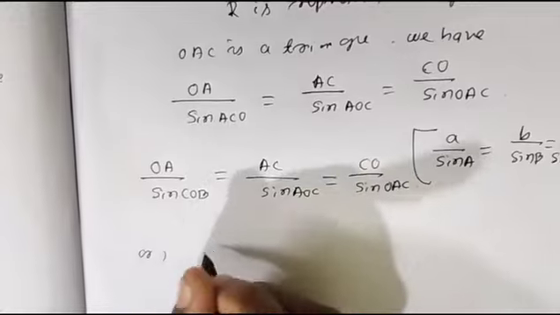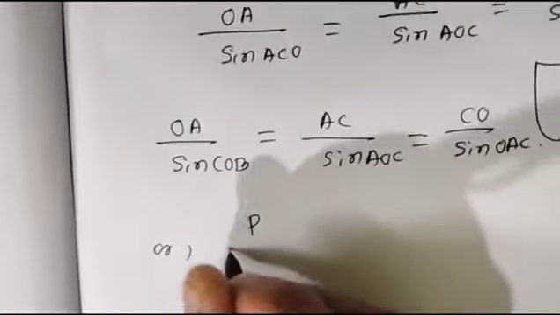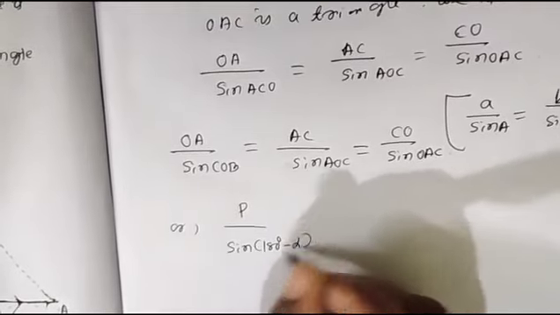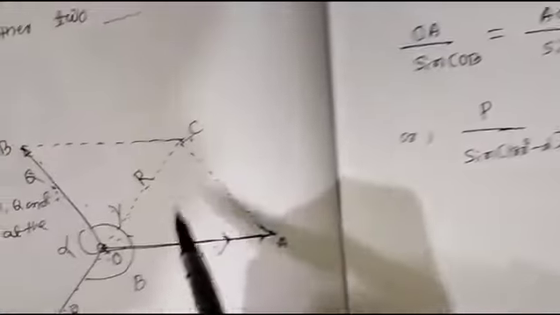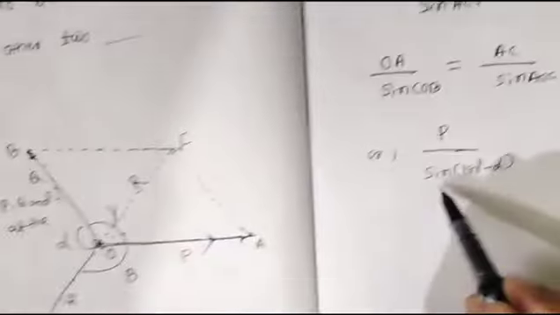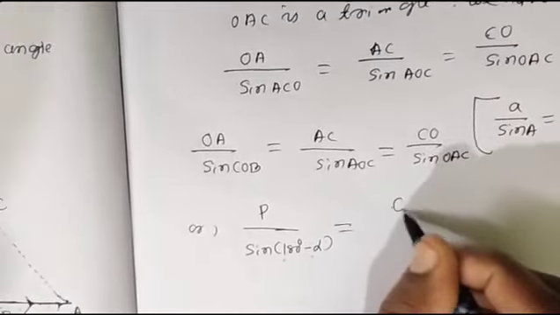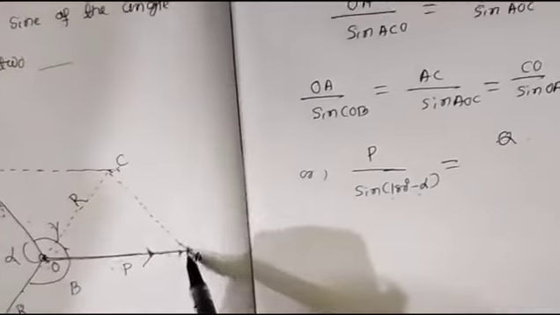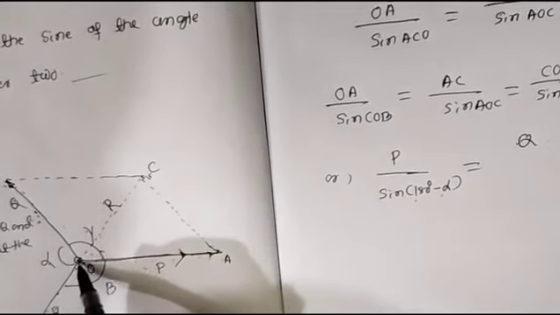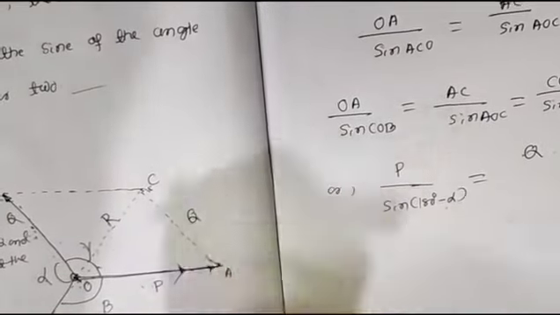OA represents P, so we can write P divided by sin 180 degree minus alpha, because COB is equal to 180 degree minus alpha. AC is equal to Q, because OB is parallel to AC. Therefore, it is also Q.